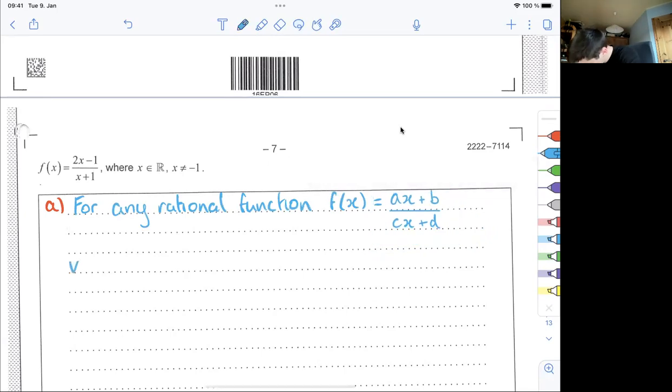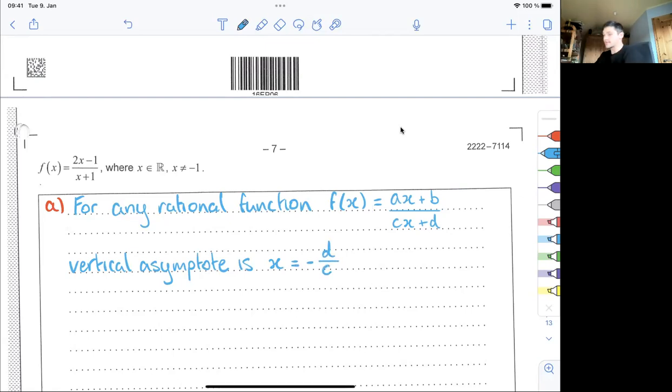Our vertical asymptote is x is equal to negative d over c. And you'll see that this is essentially the value of x that makes the denominator equal to 0.